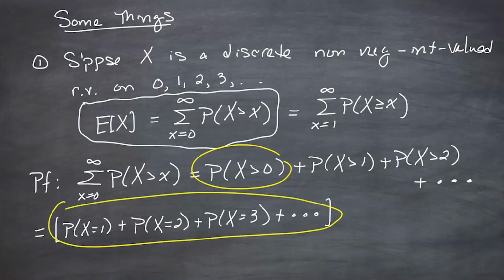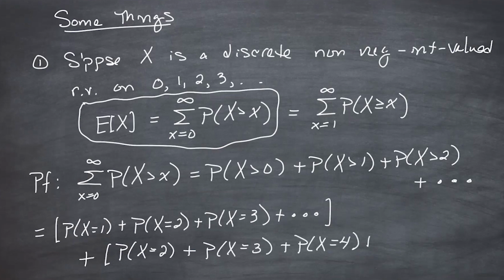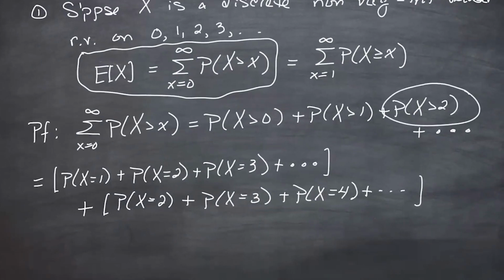Continuing, I'm going to write out the probability that X is greater than 1 by summing up a bunch of probabilities as well. The next term, the probability that X is greater than 1, is the probability that X equals 2 plus the probability that X equals 3 plus the probability that X equals 4, etc. And now I'm going to add on the term, the probability that X is greater than 2.